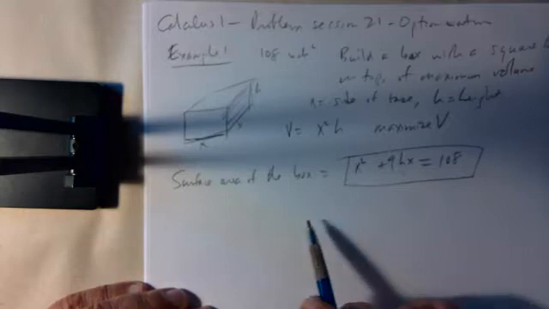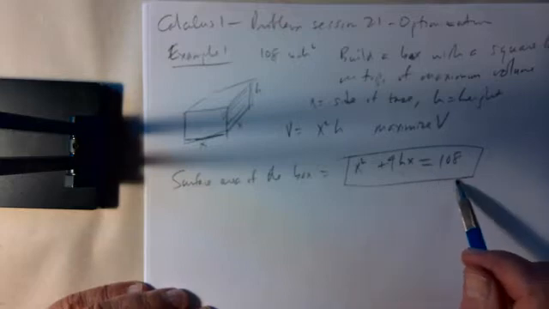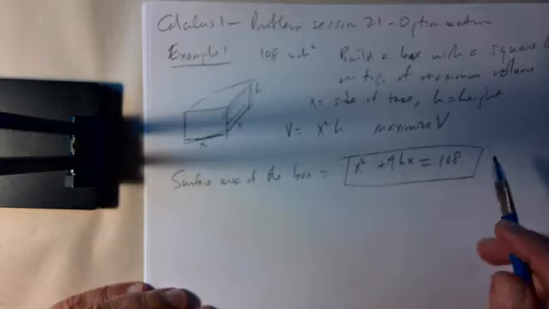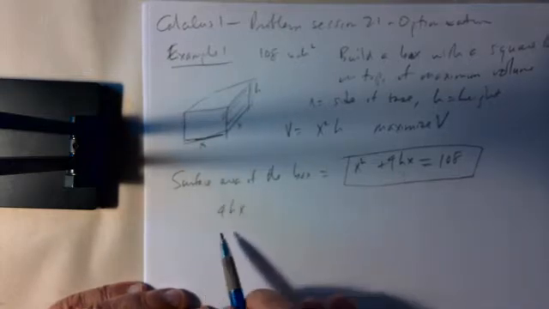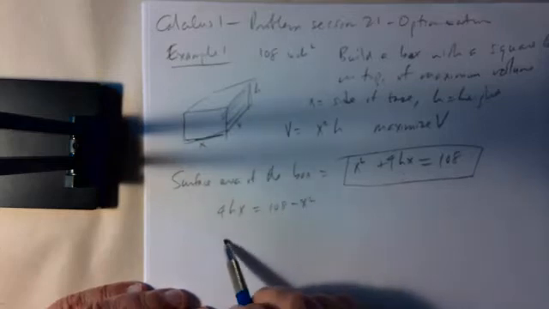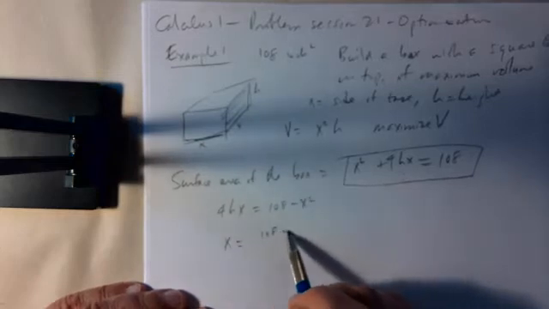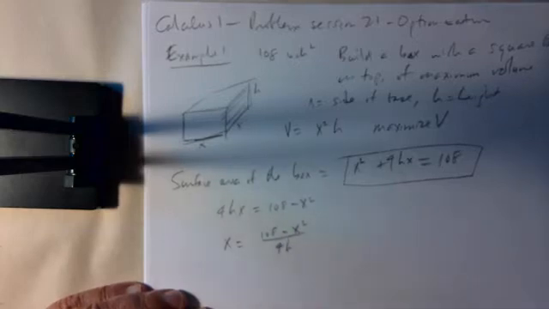Well, from this condition, if we want, we can solve for h. This says that 4hx equals 108 minus x squared.